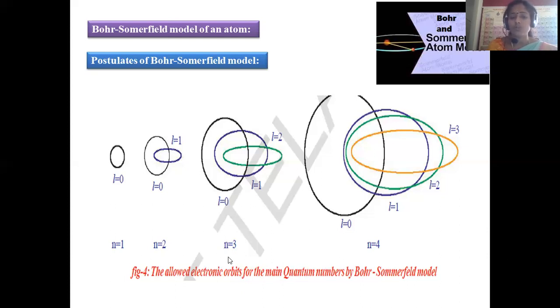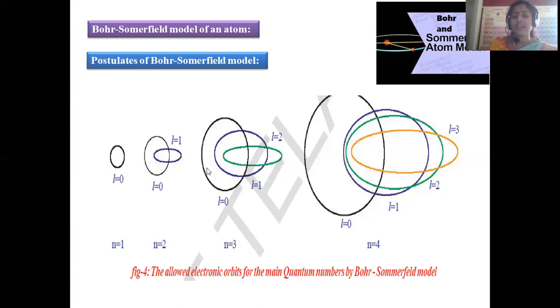When you move on to n is equal to 3, l is equal to 0 denotes the s orbital. As the principal quantum number increases, the size of the orbitals and orbits also increases. You can clearly observe the spherical size is very small here, enlarged here, still larger here, and the largest sphere here. Being n is equal to 3, you can accommodate 3s, 3p, and 3d subshells.